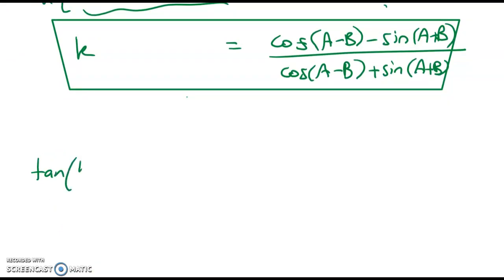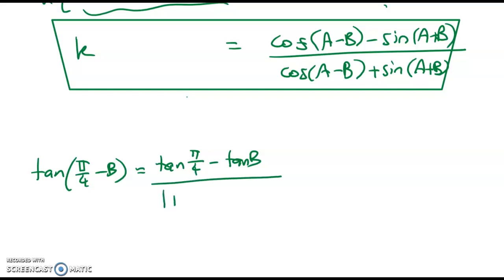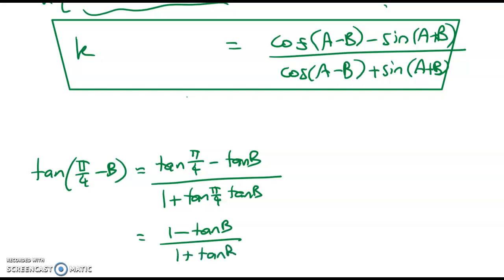Tan of pi on 4 minus b is equal to tan of pi on 4 minus tan b over 1 plus tan of pi on 4 tan b. And that cleans up really easily to 1 minus tan b over 1 plus tan b.